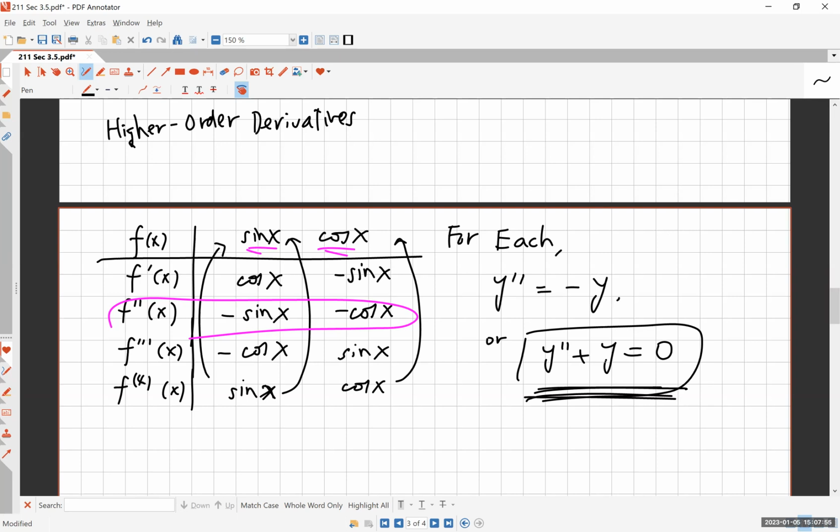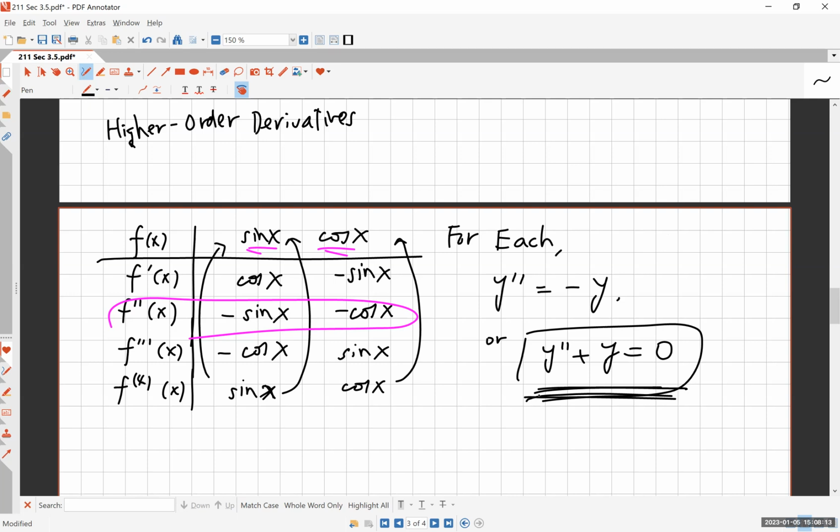But it turns out this is a pretty important equation that governs many things that go back and forth, oscillating motions such as springs and waves and all sorts of things that are important to physicists and other scientists.